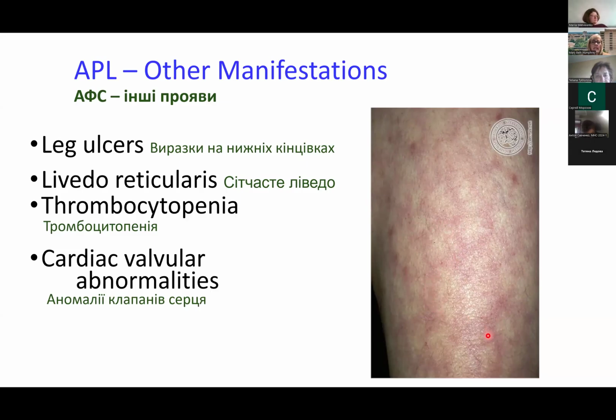And this indicates a vasculopathy. So we see this with anticardiolipin or antiphospholipid antibodies, lupus anticoagulant. We can see this as a manifestation of vasculitis, and independent of antiphospholipid antibodies.